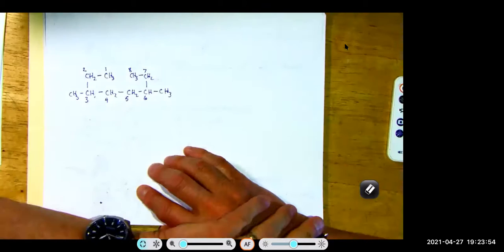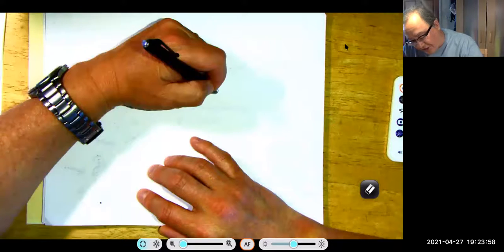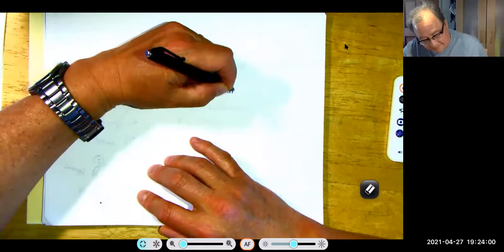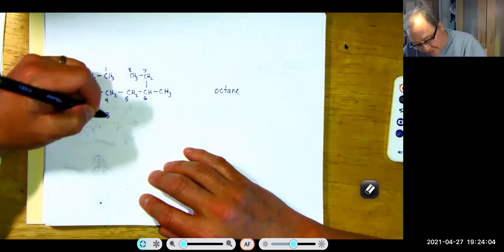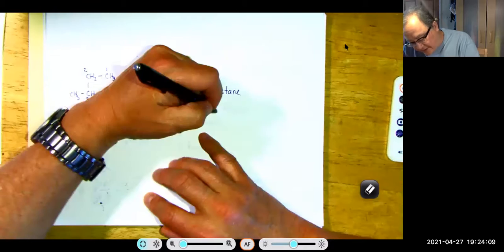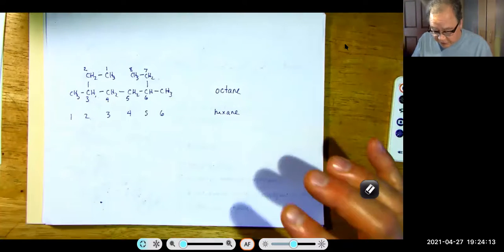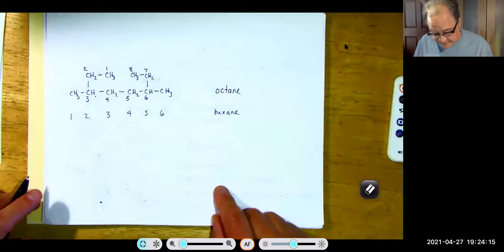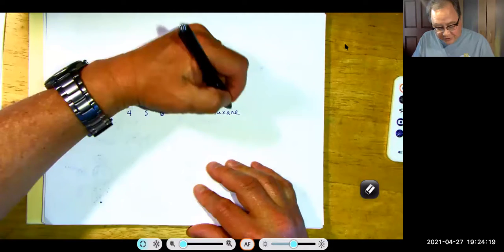That was my first guess. Maybe I jumped too quick. No, that's the longest chain. Because if you do 1, 2, 3, 4, 5, 6, and go with hexane, the rule is find the longest chain of carbons. Which is longer, octane or hexane? So hexane is wrong. So you see, I fooled you, didn't I?